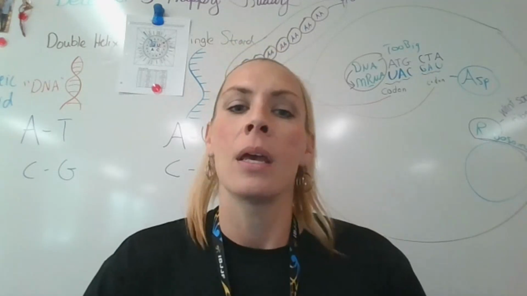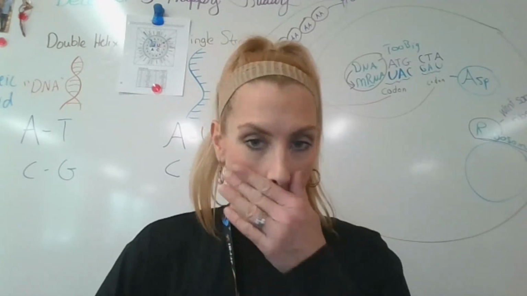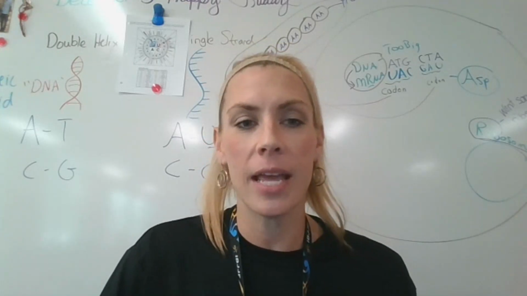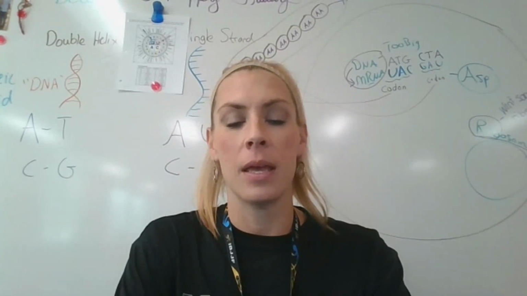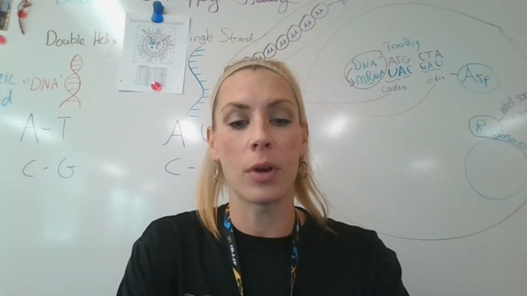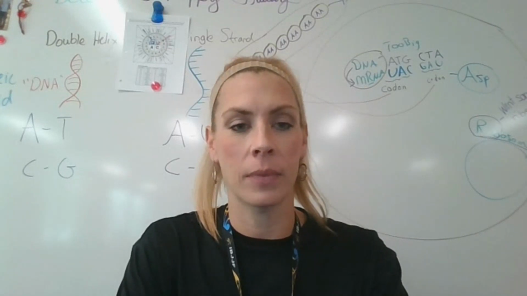All right. Now, let's go over some rules again. So remember DNA. If DNA is making a copy of itself, we have apples in a tree, and then we have cars in a garage, so ATCG.